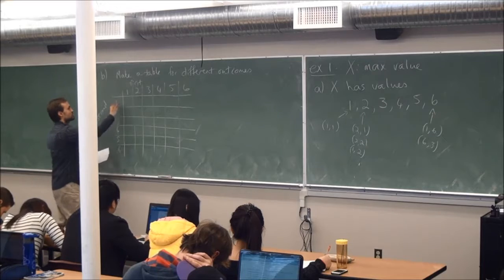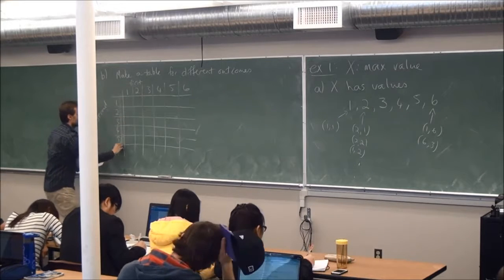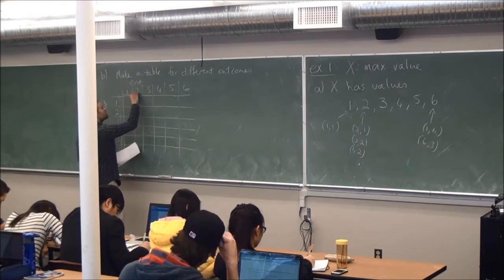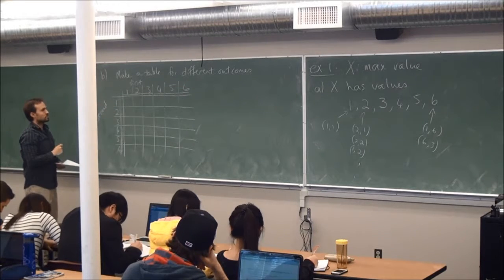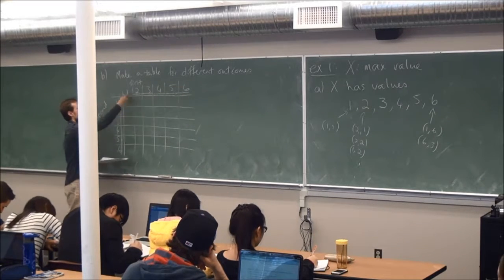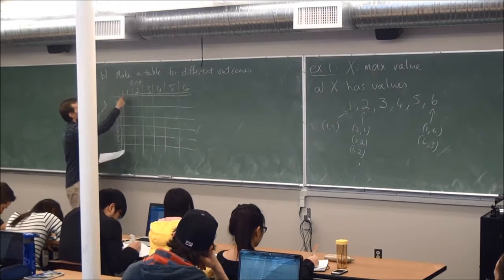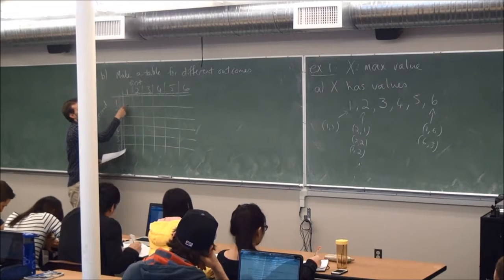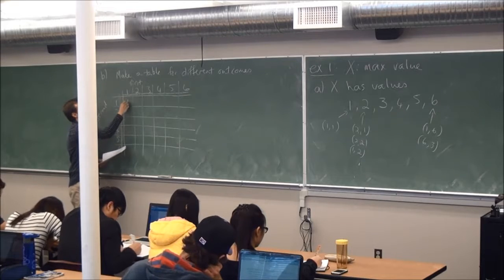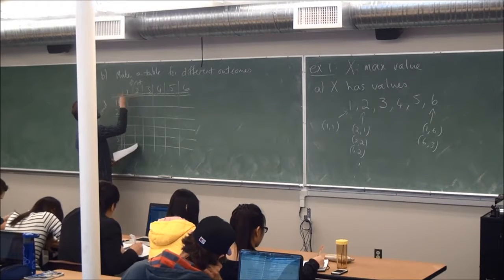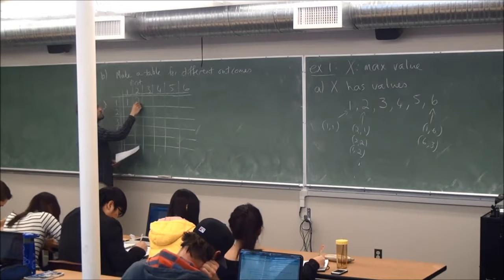So let me shade this. These are the specific dice rolls, giving me a sequence of 2, a first and a second one. If I roll a 1 and a 1, what is the maximum value? 1. A 2 and a 1 will give me a maximum value of 2.